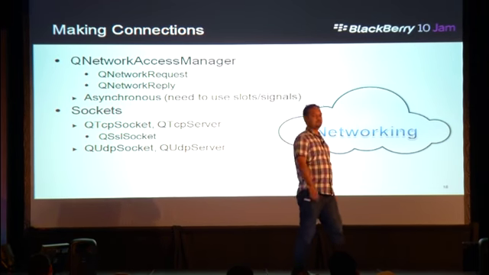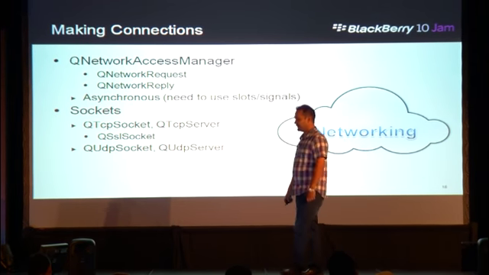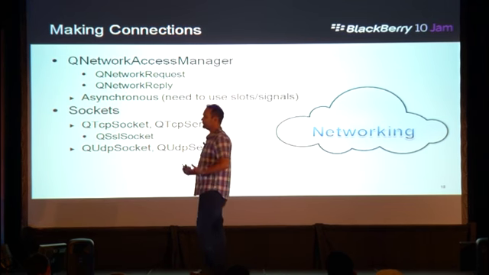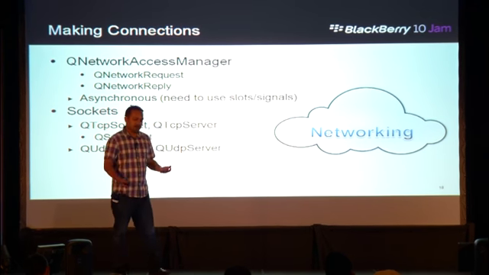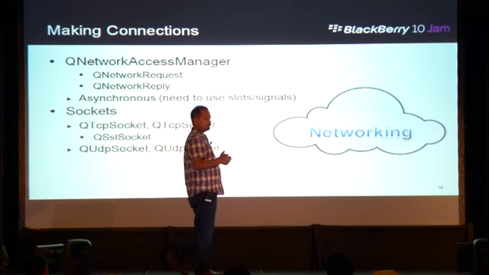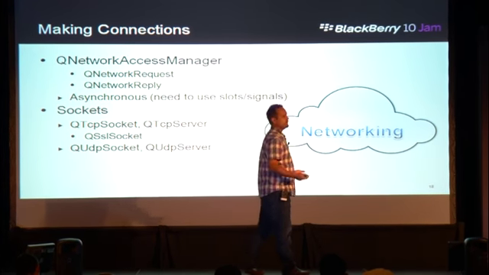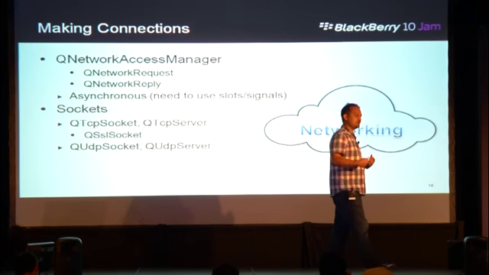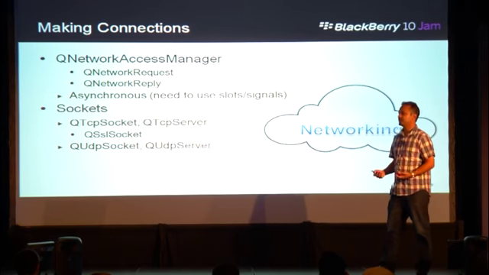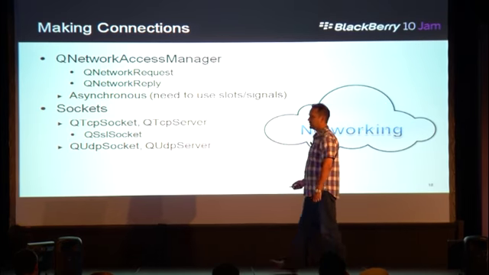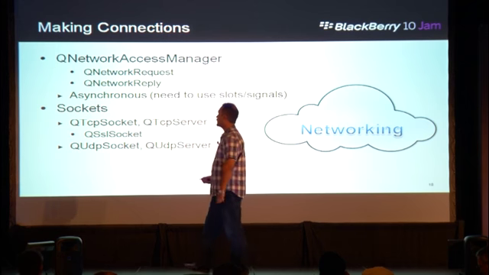Network connectivity is very important, especially for BlackBerry, where we have the always-on experience. To perform network operations, to connect to websites, to connect to HTTP resources or socket resources, you can use the Qt Network Access Manager, which also comes as part of Qt Core.